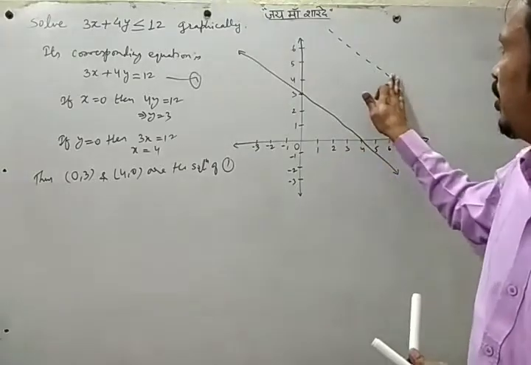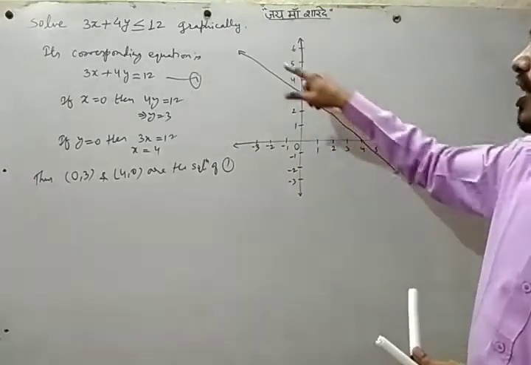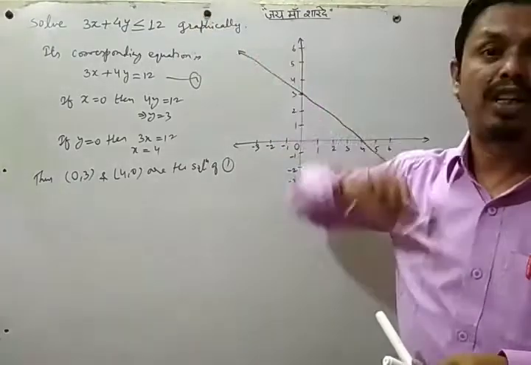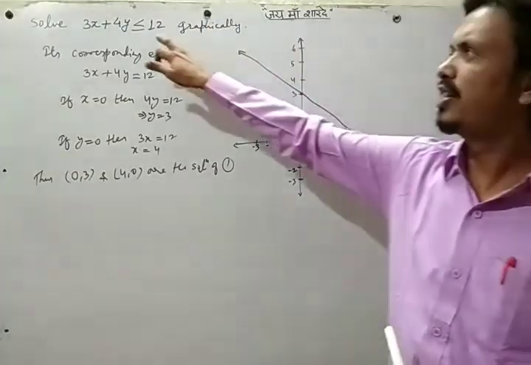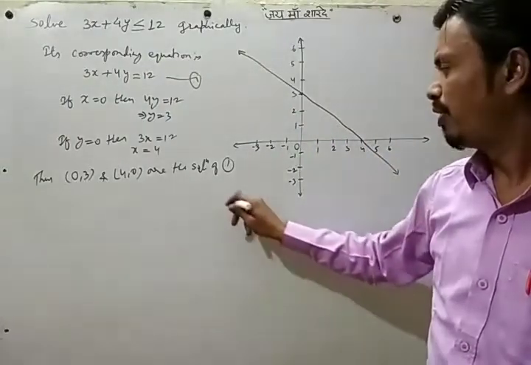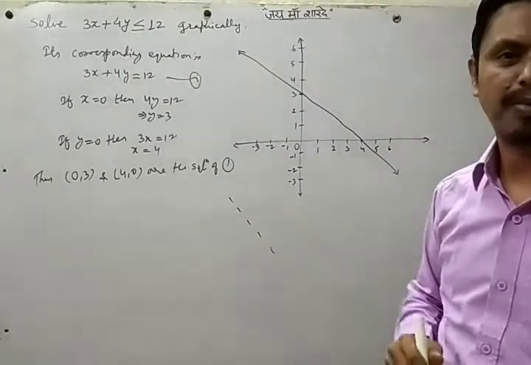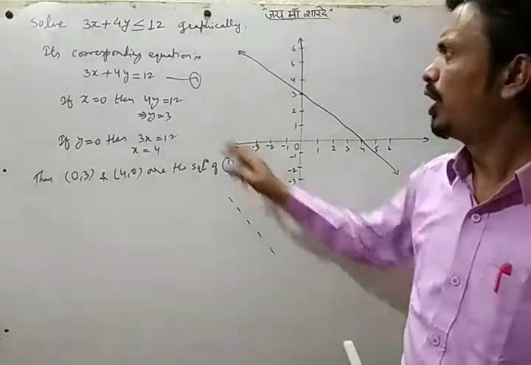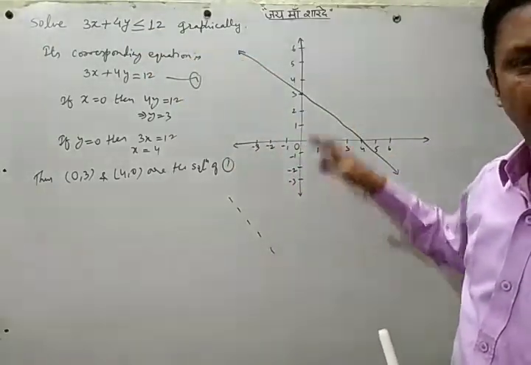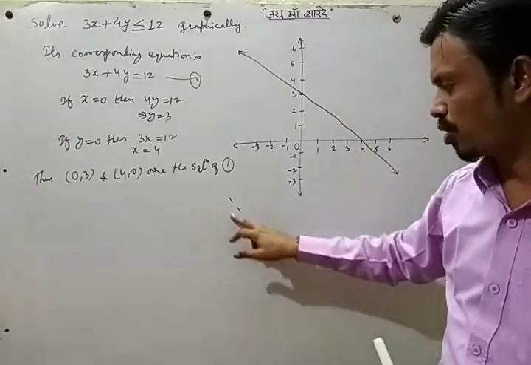Why? Because in the slack case this line is included in the solution of the inequation, and if it is strict, the line is not included. That's why we make a dotted line. So be careful: if it is a slack inequality, draw a dark, complete line; otherwise draw a dotted line.